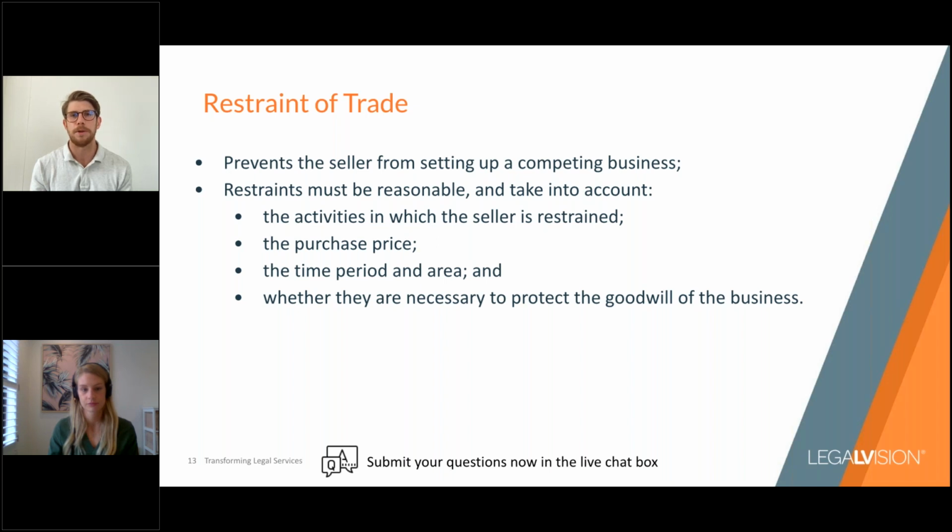It's a fairly technical legal point when looked at by a court, restraint of trades, because they're only enforceable. So if there's a breach of one and you need to go to court, they're only enforceable to the extent that they're reasonable. And so when a court is determining whether one is reasonable, they'll look at things like the purchase price, whether it's necessary to protect your interests as the buyer, and the bargaining powers of the parties, etc. And so they're expressed in a specific way to cover that off.